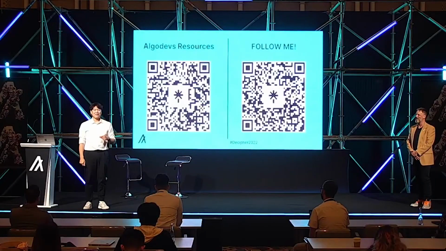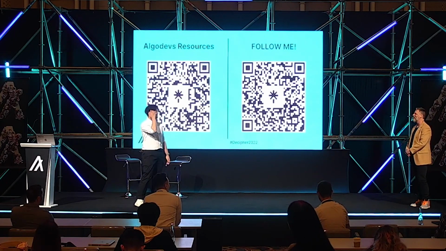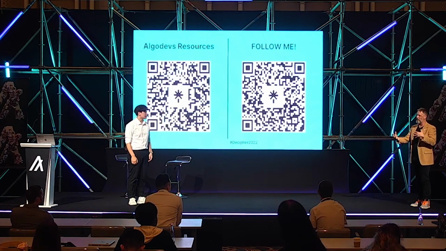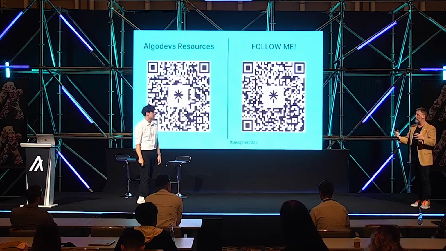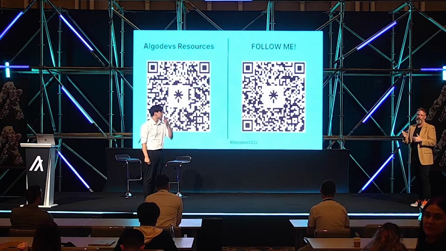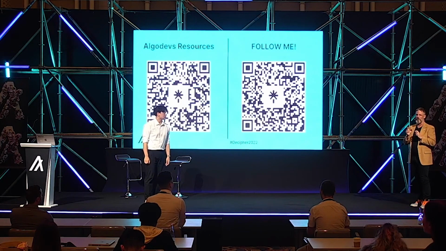I'm so sorry, this reverb is crazy. Did you get that question? Yeah, it has to do with when you instantiate the app client. Typically we are just redoing it, and you do have the ability to specify a particular application ID.